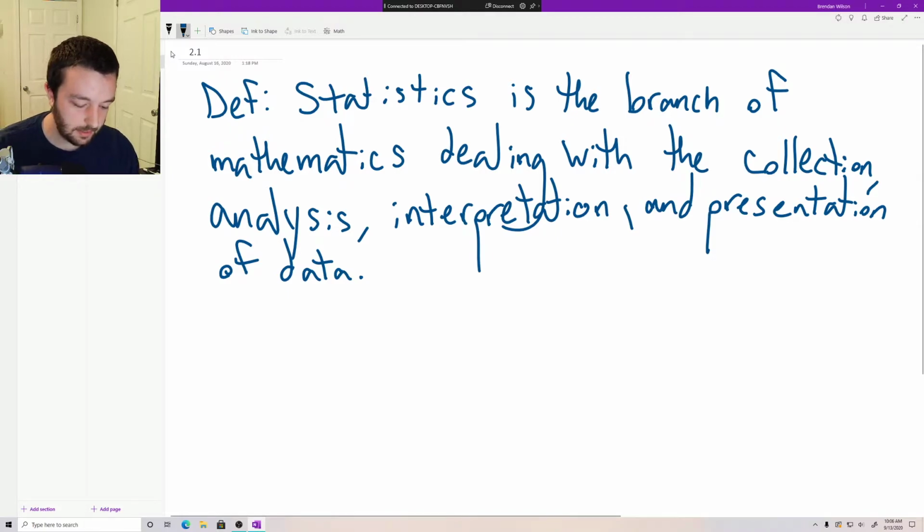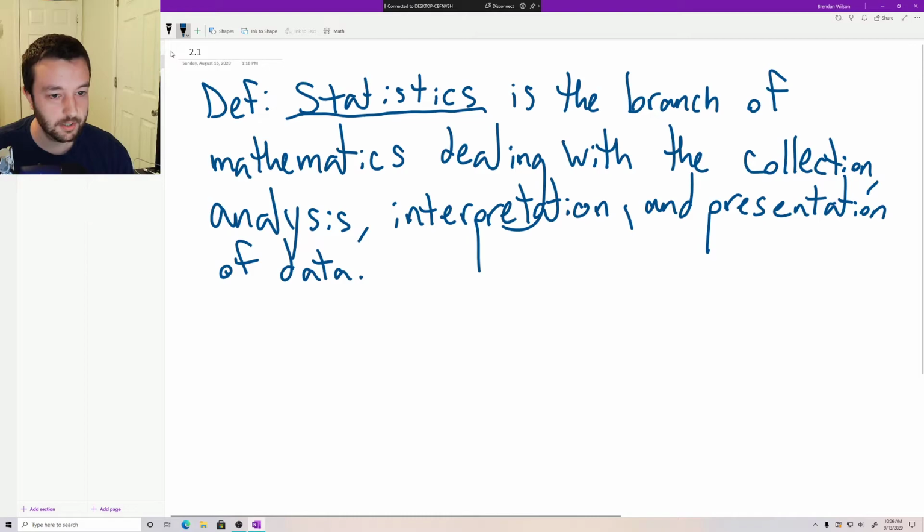So statistics is the branch of mathematics dealing with the collection, analysis, interpretation, and presentation of data.